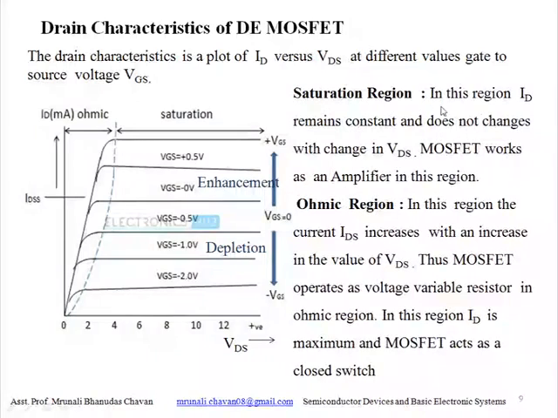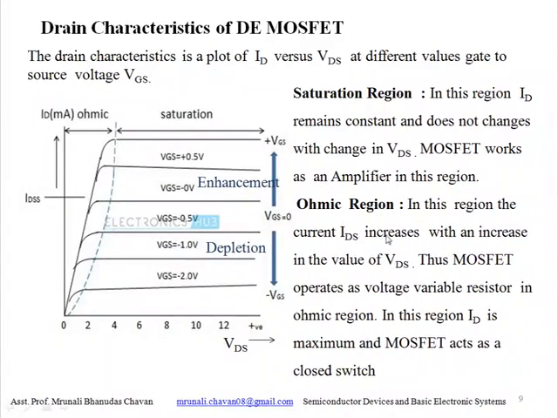Second one is the saturation region. In this region, ID remains constant, as we can see, and does not change with changes in VDS, and the MOSFET works as an amplifier.